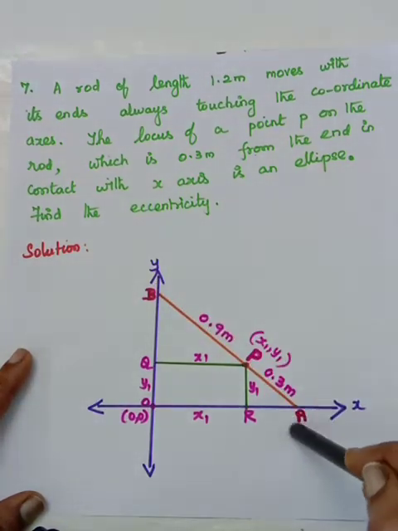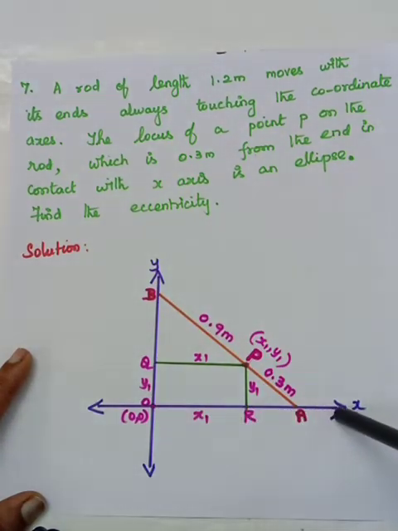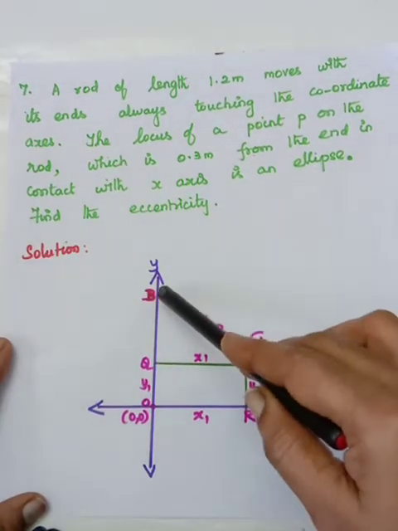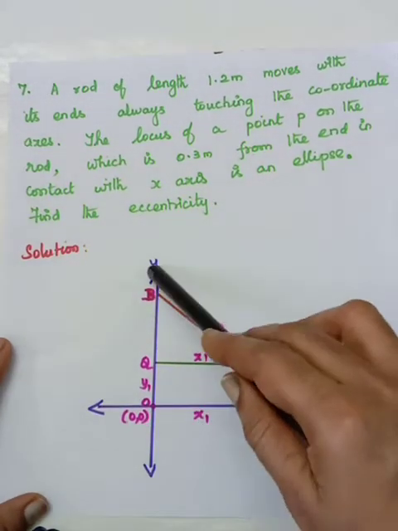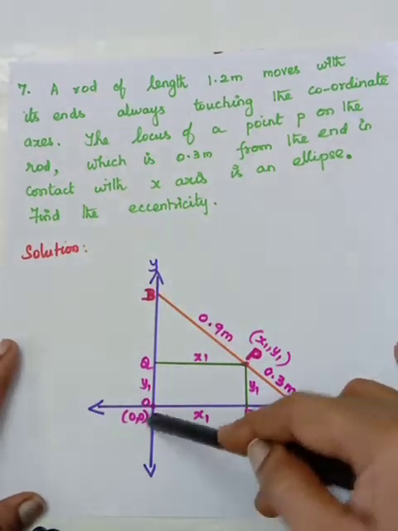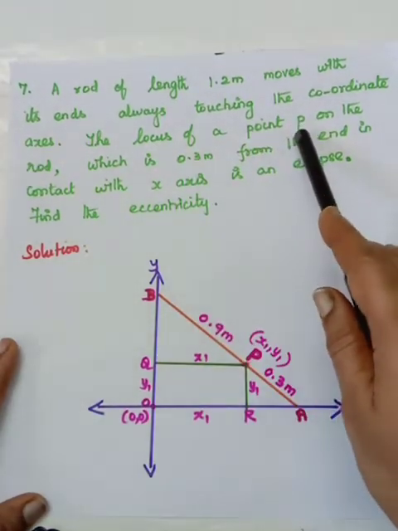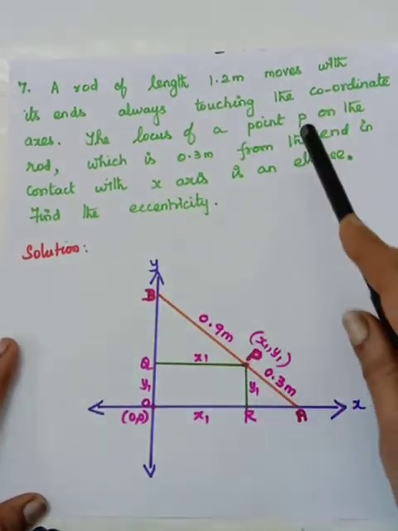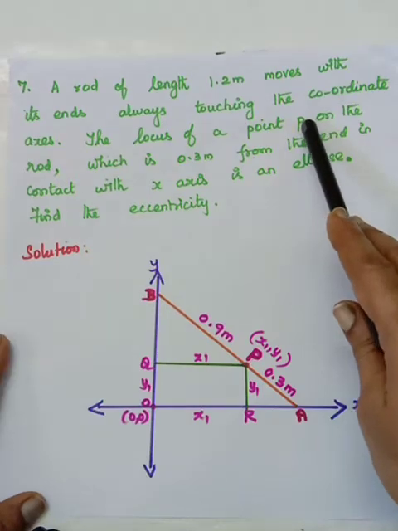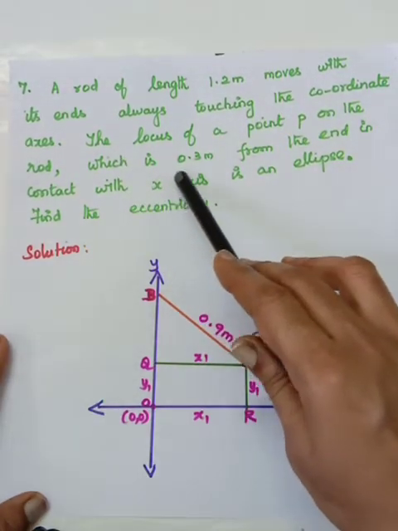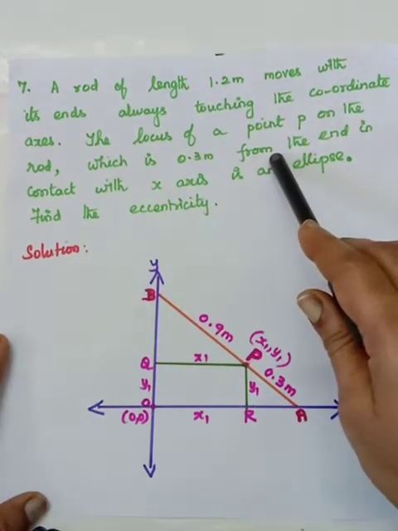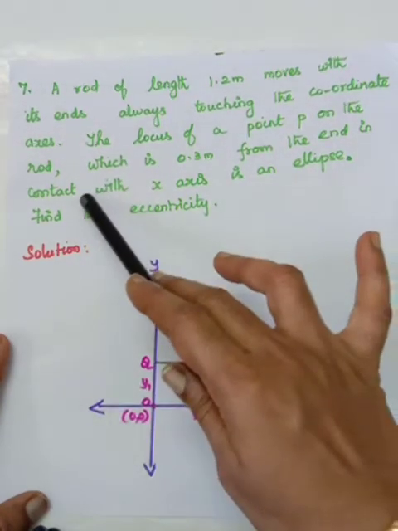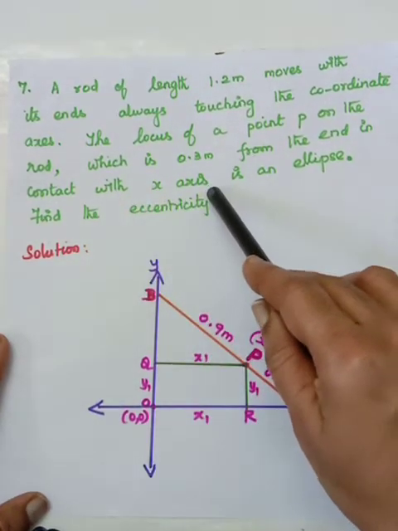The rod end A touches the x-axis, and the other end B touches the y-axis. The locus of a point P on the rod, which is 0.3 meter from the end in contact with the x-axis.